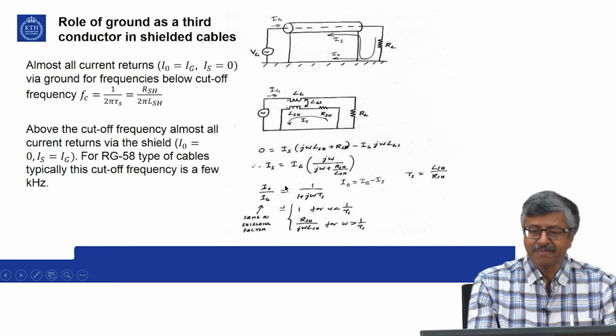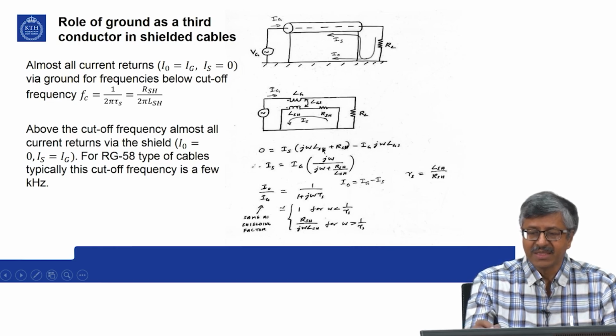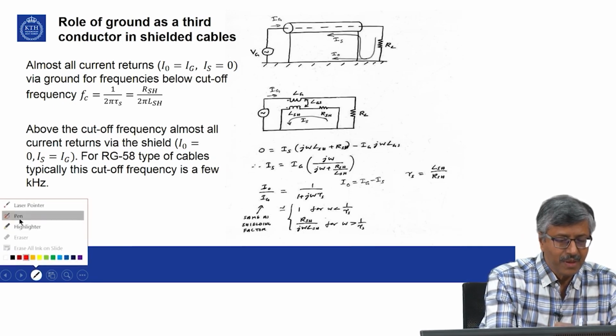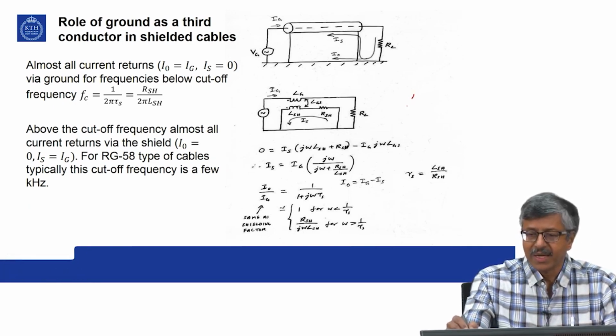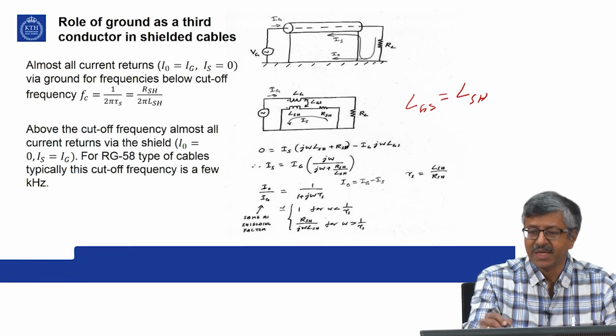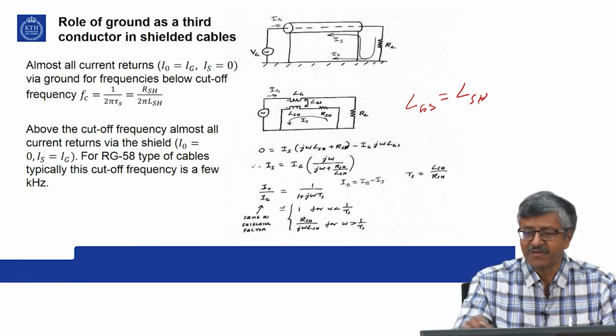Now, manipulating, because it is a very tightly coupled system, LGS equals LSH: the mutual inductance between the inner wire and the shield is the same as the shield self inductance.